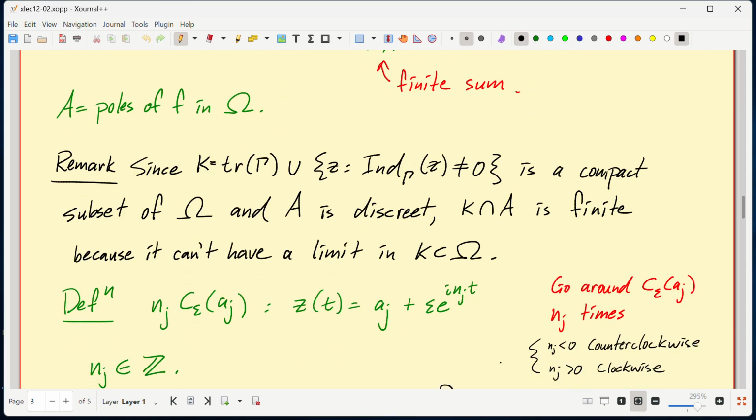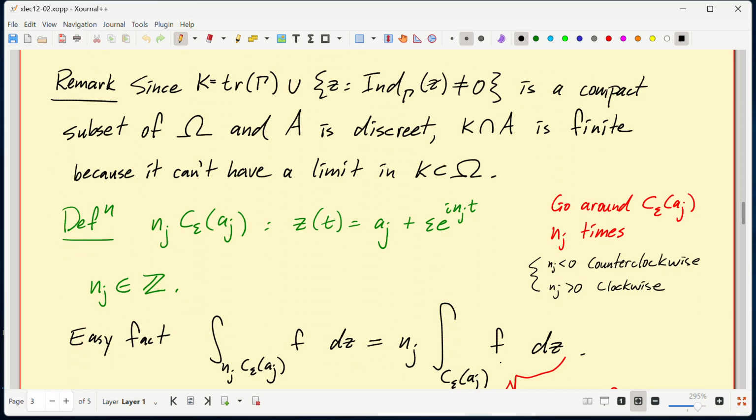Okay. And so the idea of this thing is to add some curves to the cycle and change the domain by punching out those singular points, and applying the Cauchy theorem to the new domain with the new cycle.